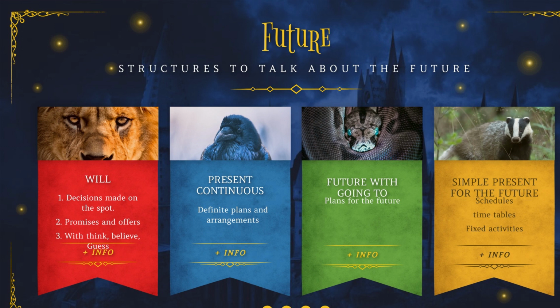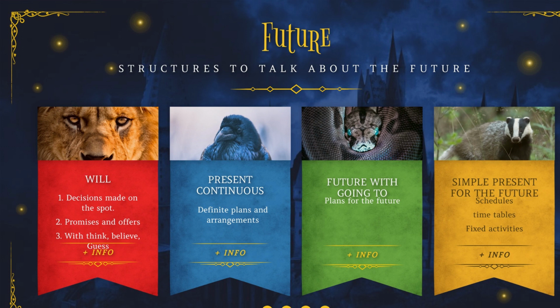In the second sentence, we can use a time expression, but it's not normally required. But when we use the present continuous, like in the first sentence, we do need to use a time expression. So remember, the difference between present continuous and future with going to is very slight. So you normally need a time expression with the present continuous.